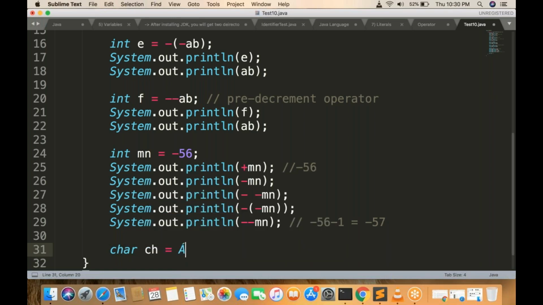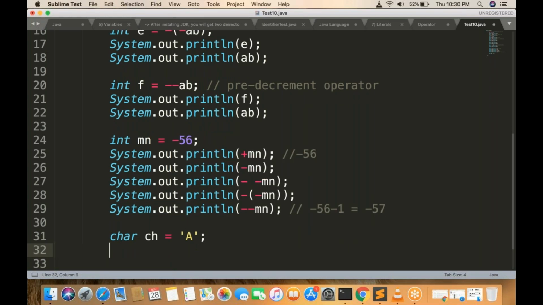Suppose I'm writing char ch1 is equal to a, and char ch2, this is ch1, this is ch2, and I'm writing char ch. Remember now.